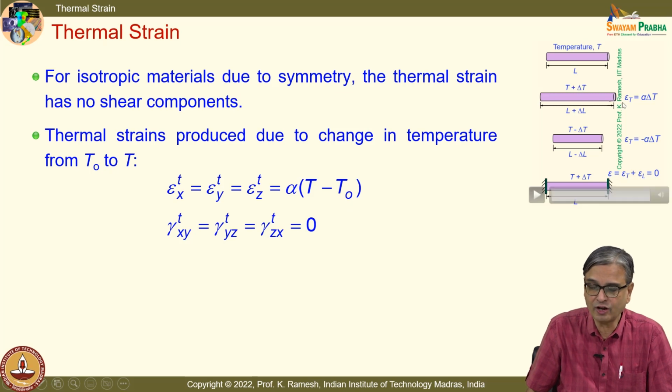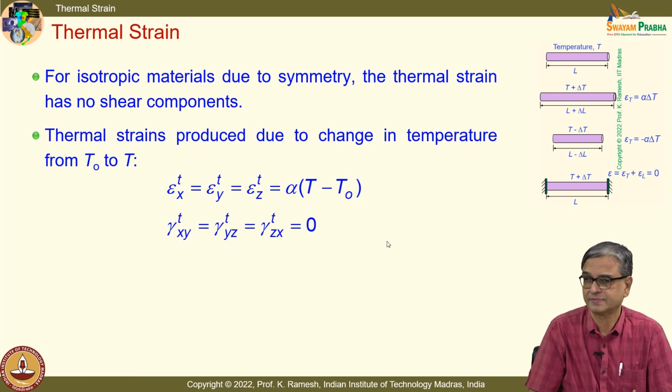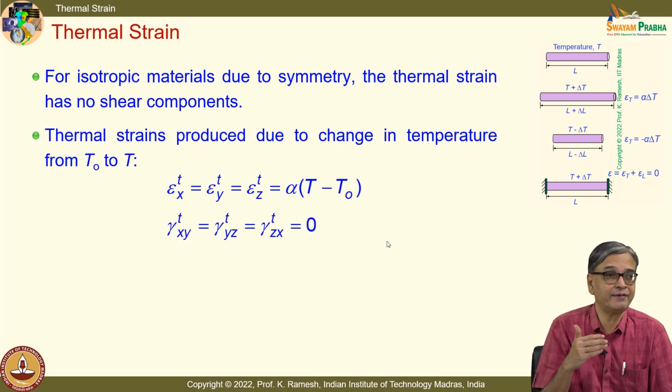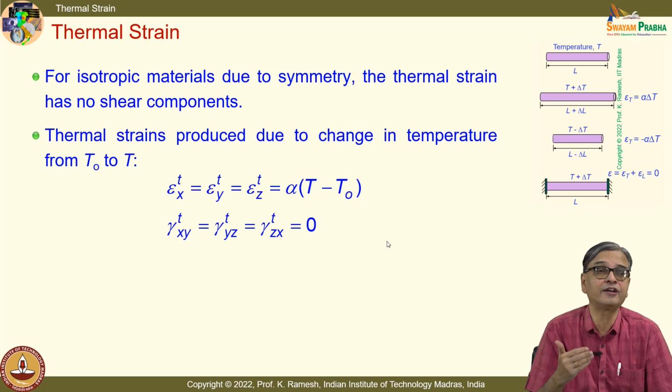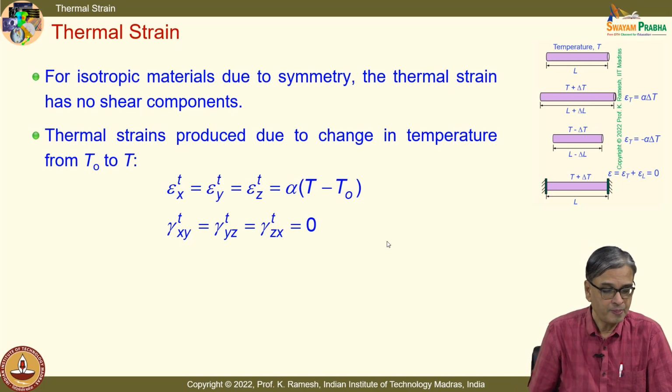So, I could have an elongation, I could have a contraction, and the problem comes only when I prevent the thermal strain, I get stresses developed. So, you have thermally introduced stress levels. The reason why we work on isotropic materials should now be very clear.